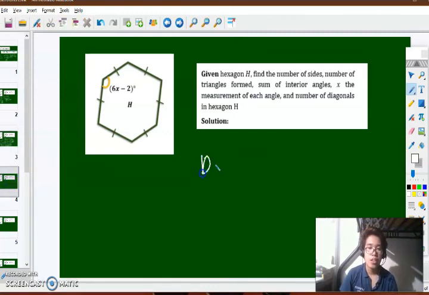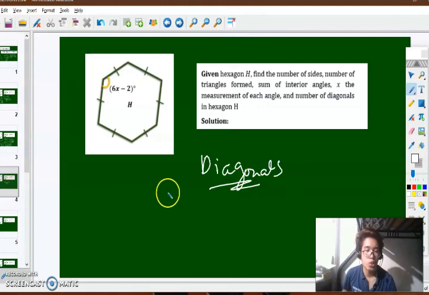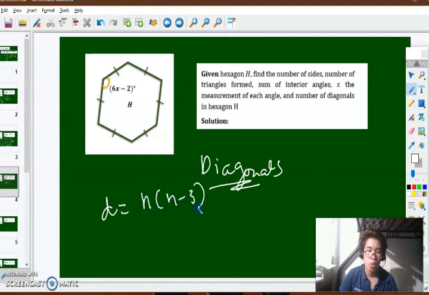Lastly, you want to get the number of diagonals for this figure, hexagon H. The formula is n times n minus 3 all over 2. The value of n is the number of sides, so that's simply 6.